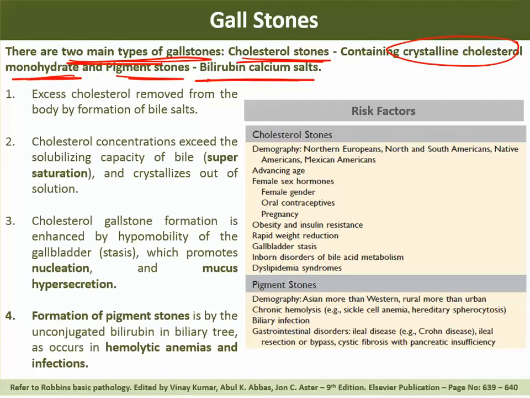Normally when there is excess cholesterol, it is removed by our body through the formation of bile salts. From the cholesterol they form bile salts and the excess cholesterol is removed.